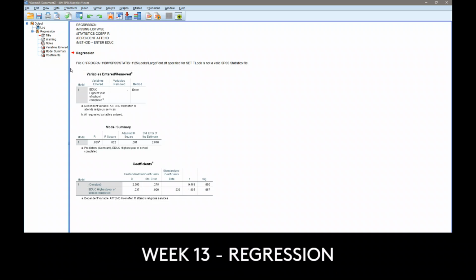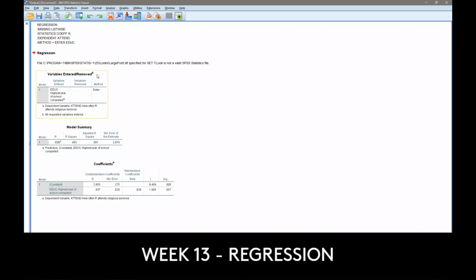You are going to get output that looks like this. The first just tells you what variables you've entered. In this case, we're looking at the effect of education on attendance. The next window, you will see the model summary.